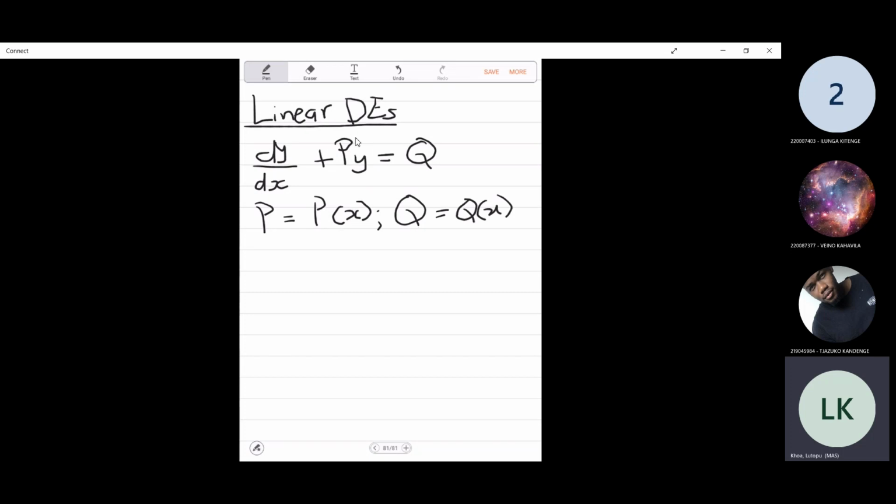Okay, so this is a function of x only, that is a function of x only. So if you have a differential equation that you can rewrite in this form, then the differential equation is what we call linear.